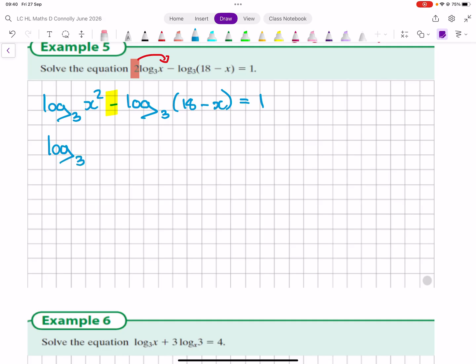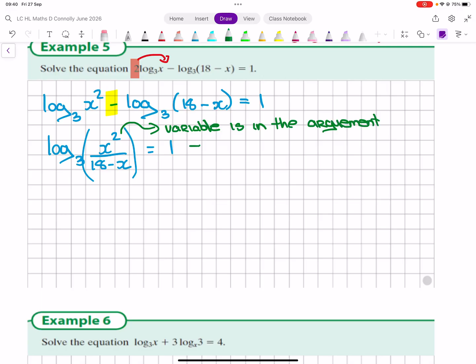So it's log to the base 3 of x squared over 18 minus x equals 1. This is the argument. The variable is in the argument. So we have to switch to indices.